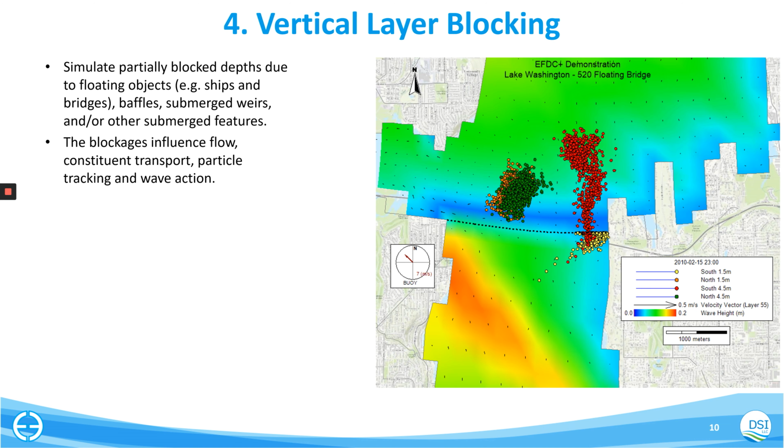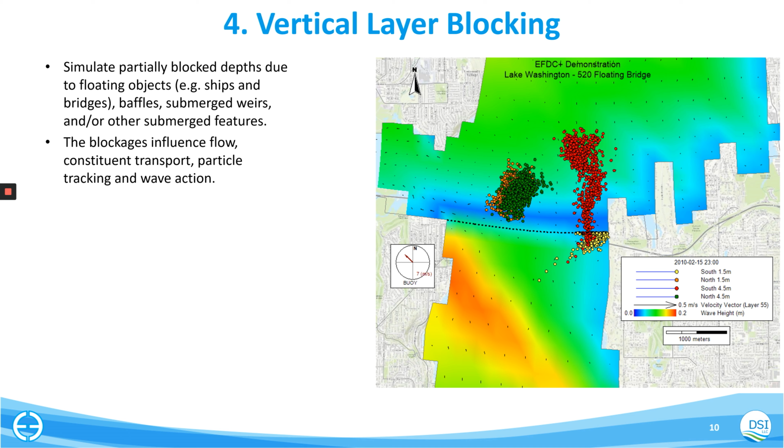So let's just talk about this. Here, the vertical grid is by layer, and with the new Sigma Z capability we added back with 8.0, you now have the ability to have differing numbers of layers everywhere in the domain.